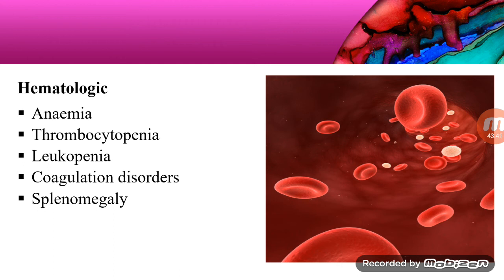Then leukopenia, which means decreased white blood cells, less than normal. Then coagulation disorders, like hemophilia. Then splenomegaly, which is enlargement of the spleen. This you can also see in case of severe liver cirrhosis.